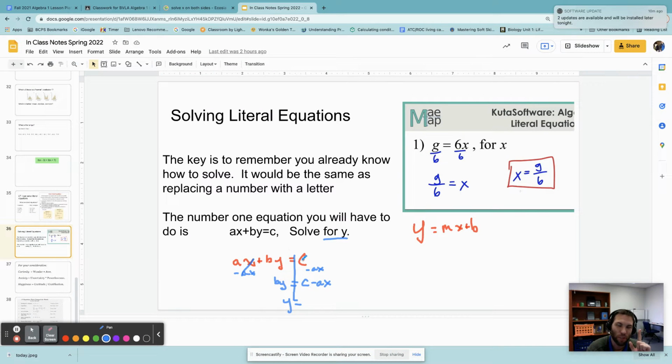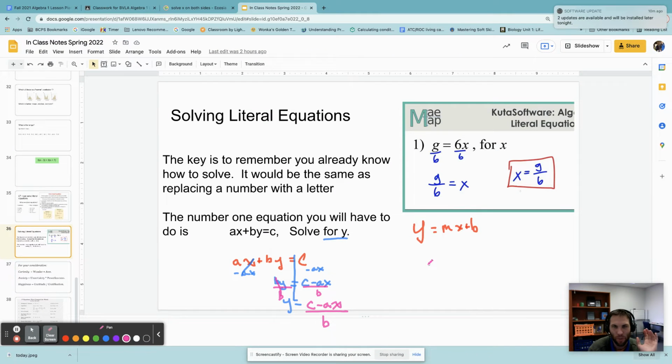You still always have to apply like terms. C is not the same as ax. A is times x, so you can't put x and a constant together. So you have two parts. All right, and then the last thing is it's b times y, so the opposite of b times y, or y times b, is divide by b. And that solves for y. C minus ax divided by b.